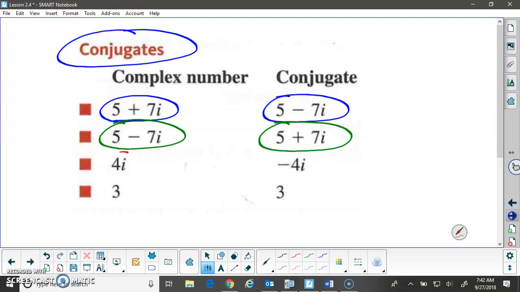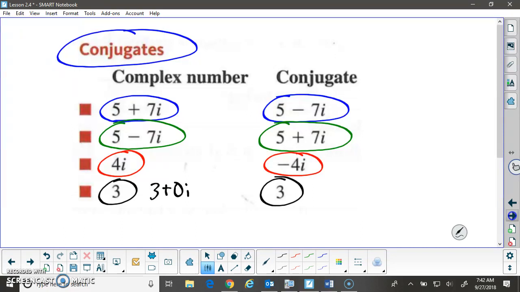The conjugate of 4i would just be negative 4i. And the conjugate of 3 is 3, because you got to think of 3 as 3 plus 0i, and so its conjugate would be 3 minus 0i, and both of those expressions are equal to 3.